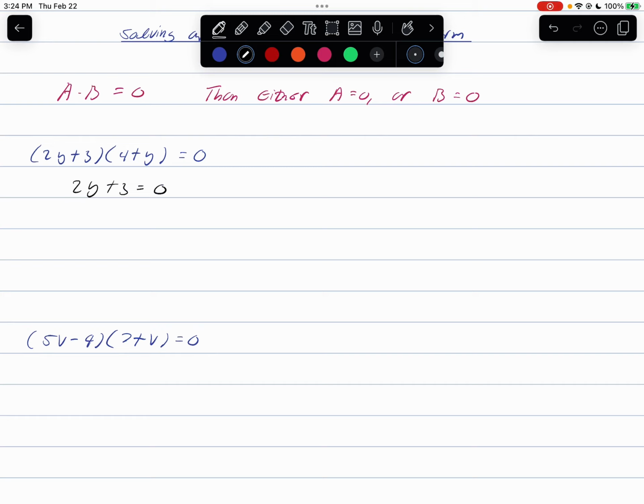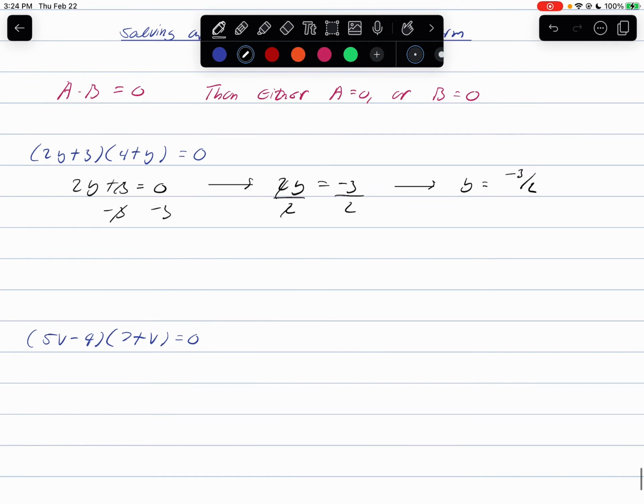And then we're going to solve for y. So we'll take 3 away from both sides, and that's going to give us 2y is equal to negative 3. And now we can divide both sides by 2, and we get that y is equal to negative 3/2.